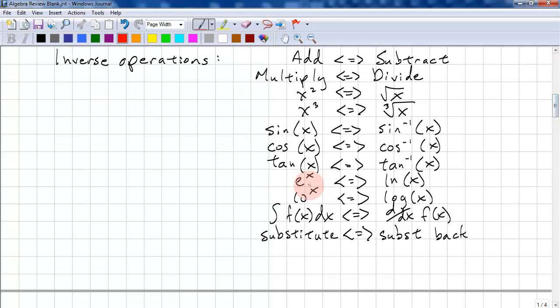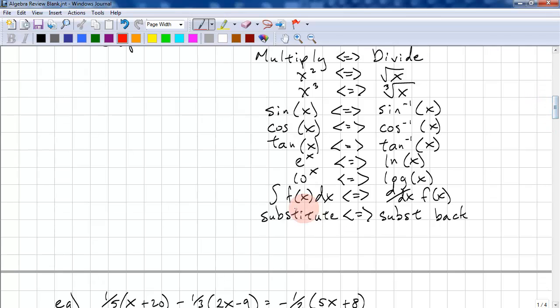Although you haven't learned this yet, the inverse of the exponential function is ln, the natural ln of x. The inverse of 10 to the power of x is log x. And later on when you learn calculus, the inverse of the integral is the derivative. And substitution also has an inverse. It's just substituting back.